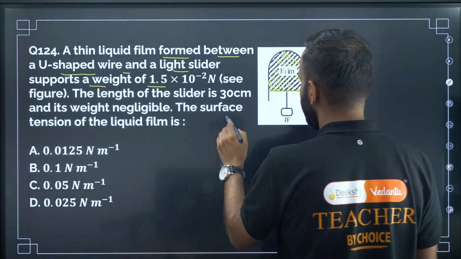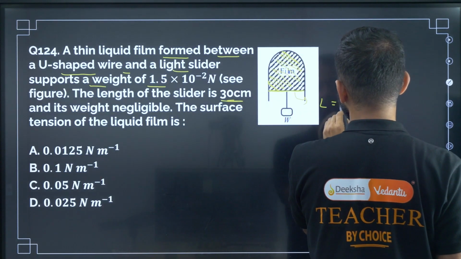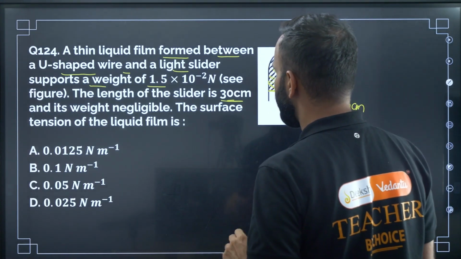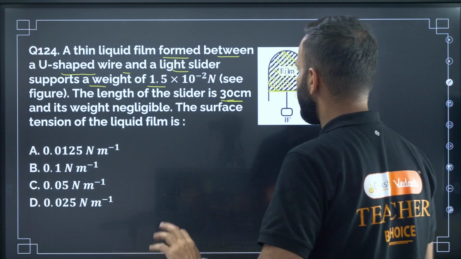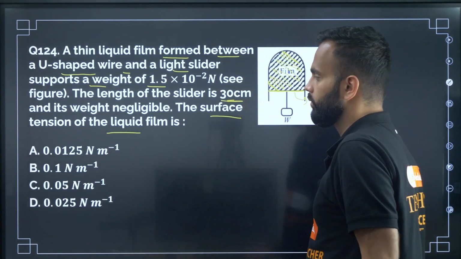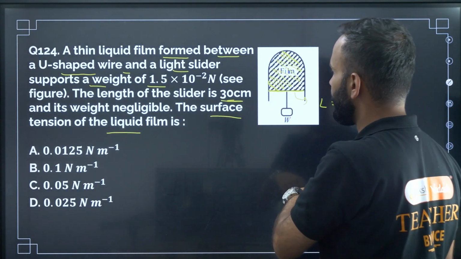The length of the slider is 30 centimeter. Here the length L equal to 30 centimeter, right? And the weight of the slider is negligible. The surface tension of the liquid film is asked. So this is at equilibrium, right?